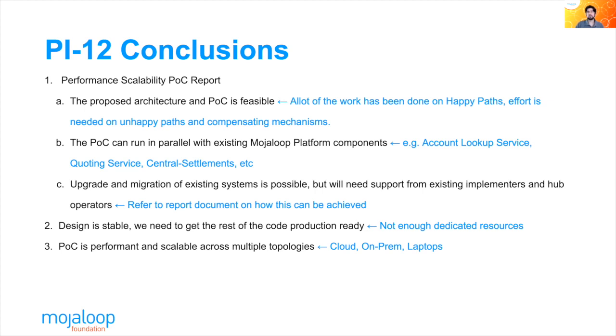As Pedro said, we are able to create materialized views, with a specific materialized view to keep the POC in sync with the existing databases that the account lookup service, the quoting service, and the central settlement services depend on. So in essence, we are able to run the POC in unison with those existing components with minimal impact.